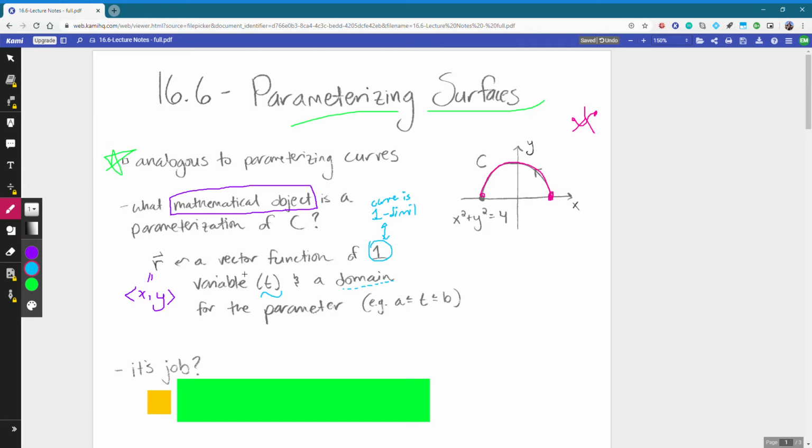Okay, so this is what a parameterization is, in terms of what sort of mathematical object it is. But what sort of job does our r hat have in terms of our curve? What does r hat do?